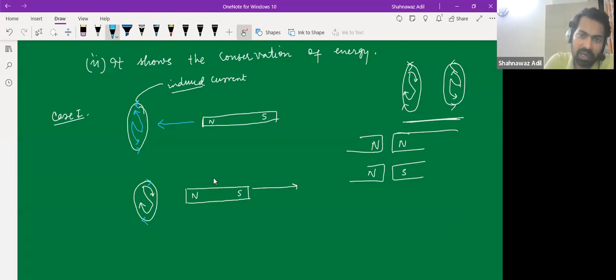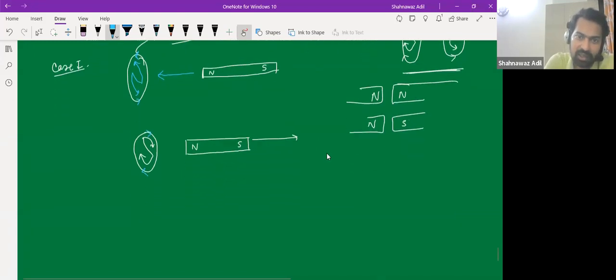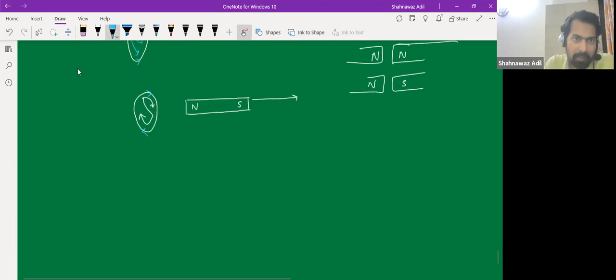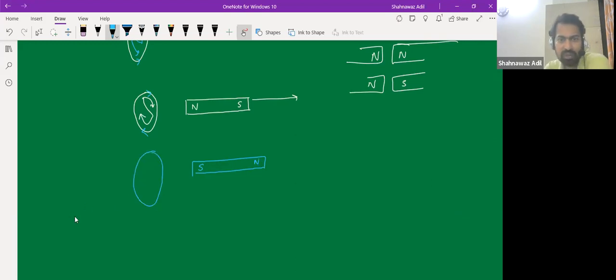Okay, now let's say that you have south, this is north, and you have this coil. And now I am moving this magnet closer to this coil.